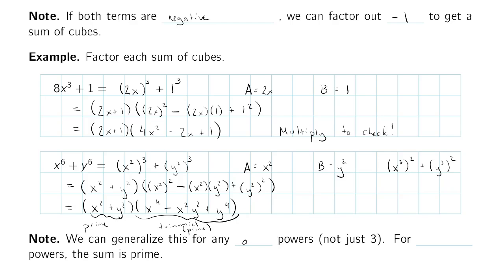For any odd power, we can generalize what we did to get from the difference of cubes to the sum of cubes. For even powers, the sum remains prime, unless there's some other trick. Right? So unless we can see that sum as something else, as in the previous example.